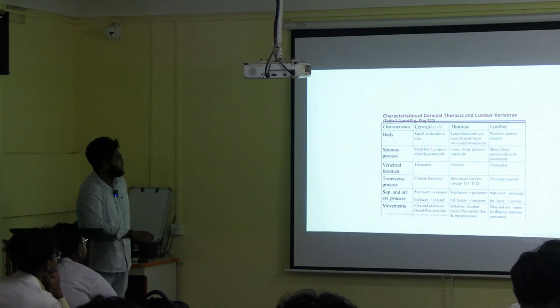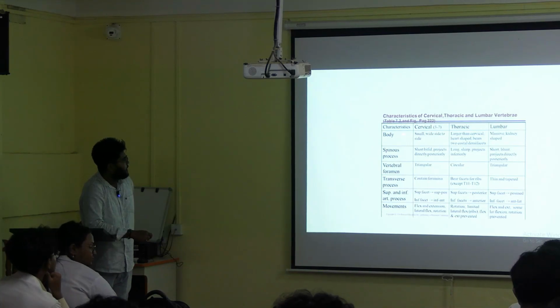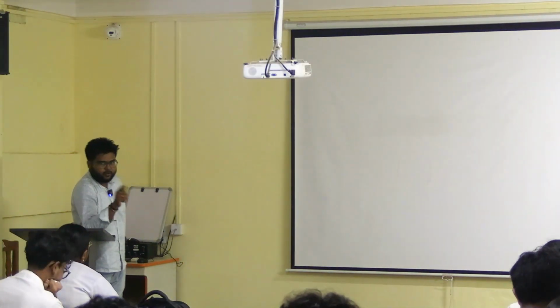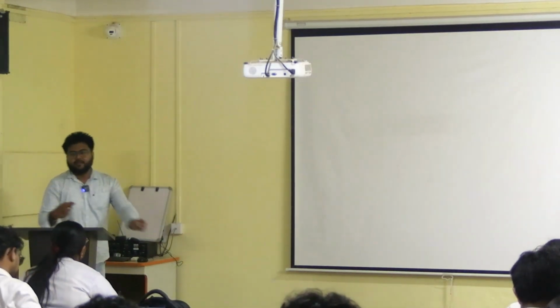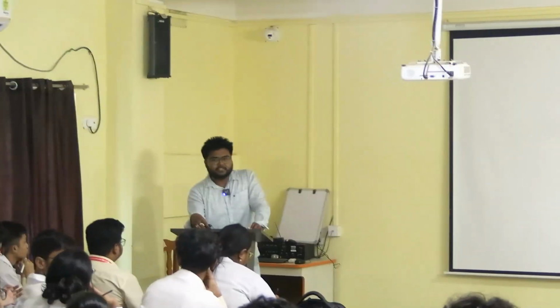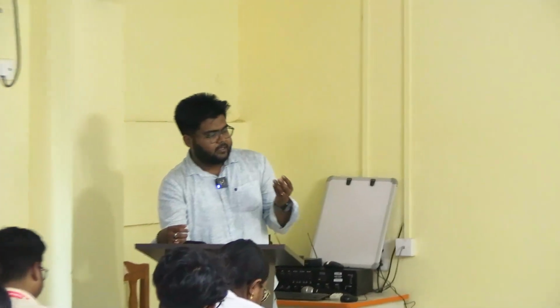Simply, you can see the body is small and quadrangular in shape in the cervical, but in the thoracic vertebra the body is heart shaped, and in the lumbar it is kidney shaped. And one more thing, the spine is bifid here, but in the remaining 2 vertebrae there is one spine, not bifid.